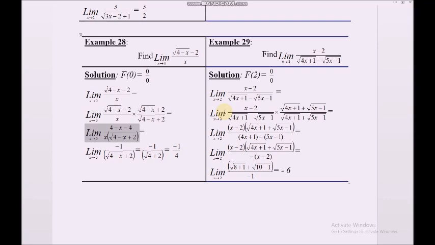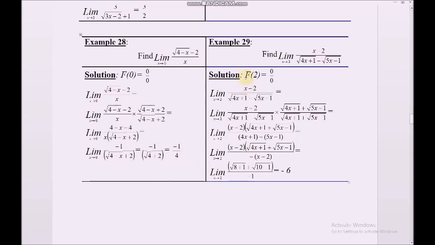Cancel x up with x down to get negative 1 up and the rest down. The rest is square root of 4 minus x, all plus 2. Now using 0 for substitution, you will get negative 1 over 4.